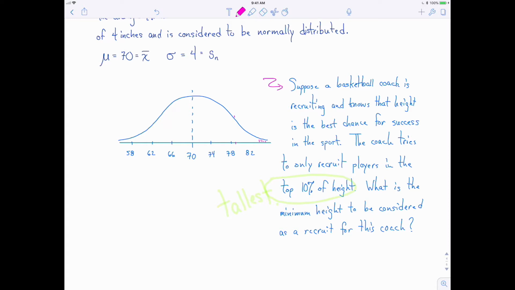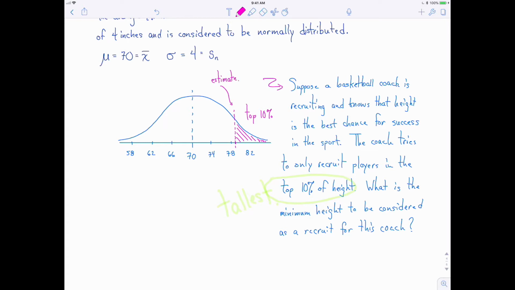Now, I'm going to estimate that our top 10% of tallest people are out here in this upper tail. So this is our top 10% of American males by height. And this little bar right here is just an estimate. We don't know exactly, but it helps to represent what it is that we're after.